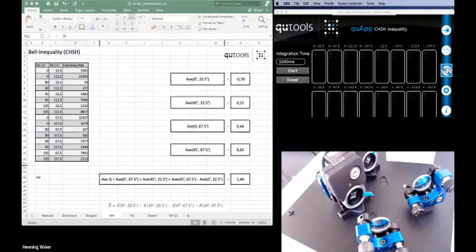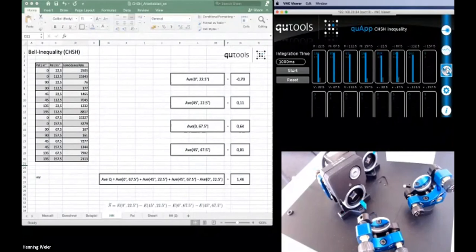You see the value from the old measurement, but you can now see in the upper right-hand corner the screen again, and in the lower right-hand corner you will see what happens with the polarizers. So I will start it. I'm only counting for a second now, so that this goes a little bit faster.